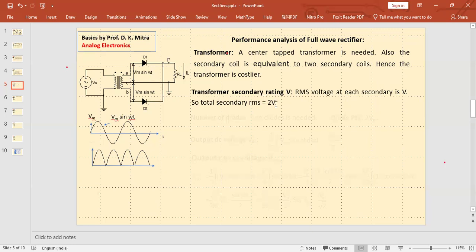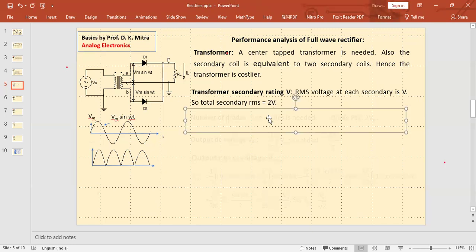So here the transformer will be costlier. There are two secondary windings and their total secondary RMS voltage is 2V. That means transformer capacity is much larger.